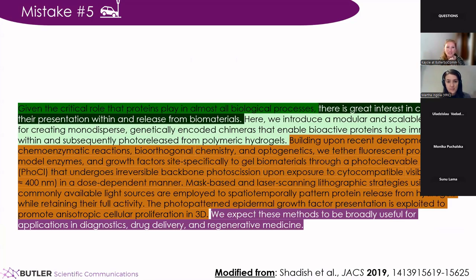What do you guys see or not see here? How will the reader know how far the edge of knowledge moved in this abstract?